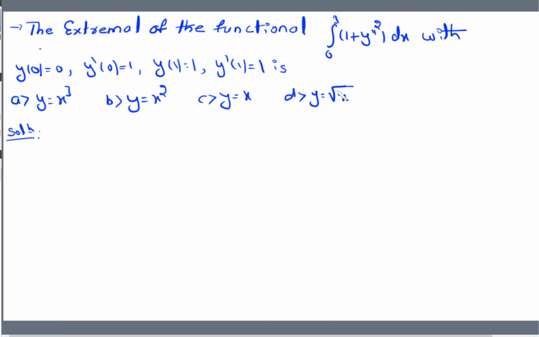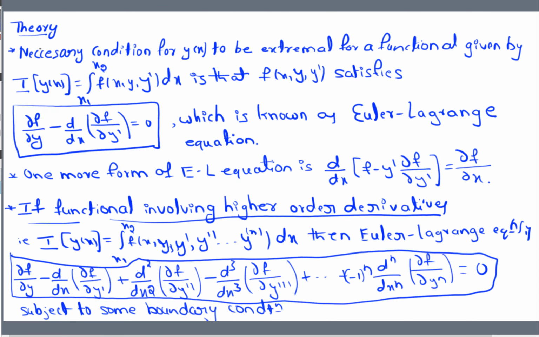We know the theory behind this example. Theory: the necessary condition for y of x to be extremal for a functional given by I of y of x equal to integration from x1 to x2 of f of x, y, y dash dx is that f satisfies this condition: dou f by dou y minus d by dx of dou f by dou y dash is equal to 0, which is known as Euler-Lagrange's equation.